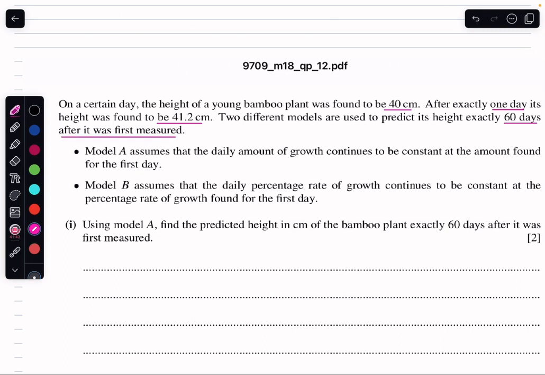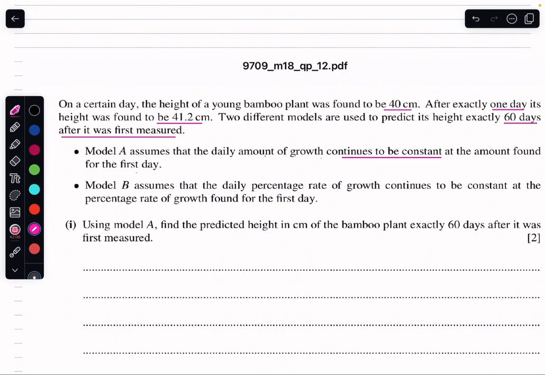Model A assumes that the daily amount of growth continues to be constant at the amount found for the first day. Daily amount of growth continues to be constant, meaning that we are following an arithmetic progression with the common difference being a constant value.